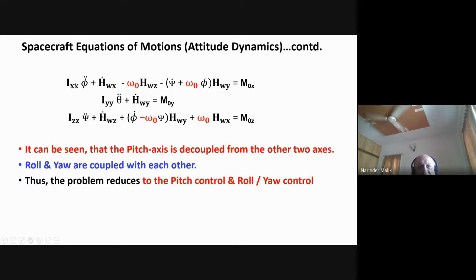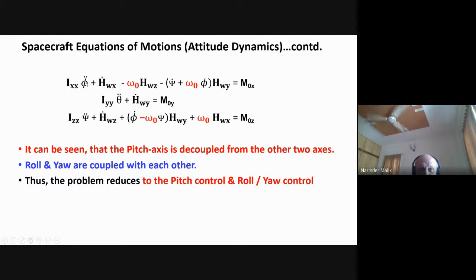So this equation becomes Ixx phi double dot, Hwx dot minus omega naught, like this. And here you see this equation represents the pitch axis dynamics. This is decoupled from these two. See, in the roll axis equation, yaw rate is appearing. In the yaw axis equation, roll rate is appearing.